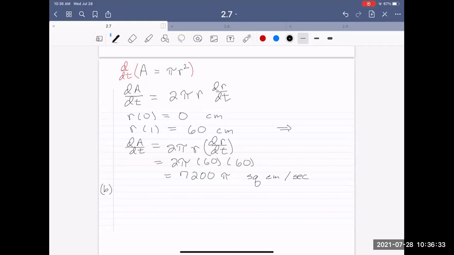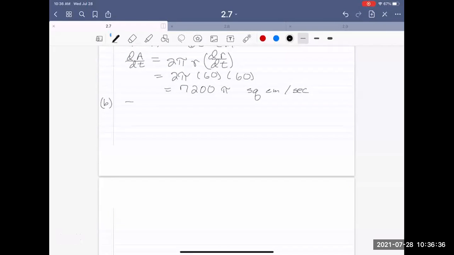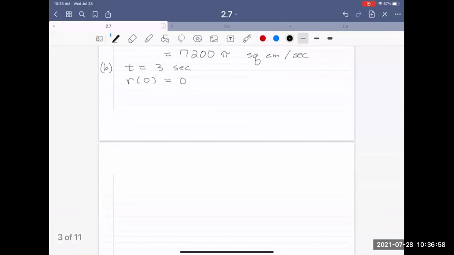Well, for part B, I want to figure out what happens after 3 seconds. Just like before, the radius of your ripple, your circle, is going to be 0 when t is 0, after 0 seconds. After 3 seconds, since it's traveling at 60 centimeters a second, it should equal 180 centimeters.